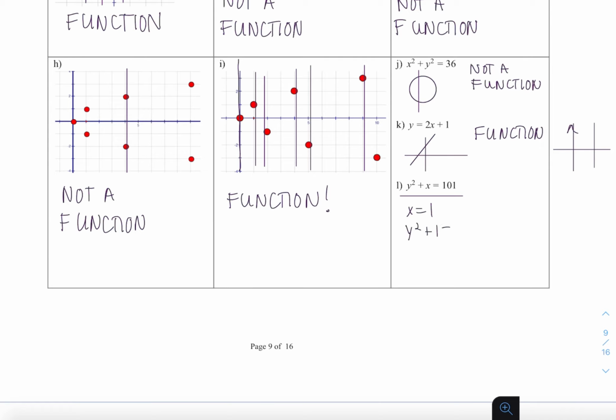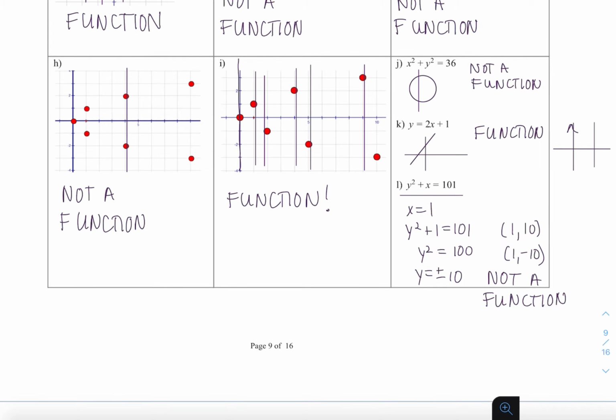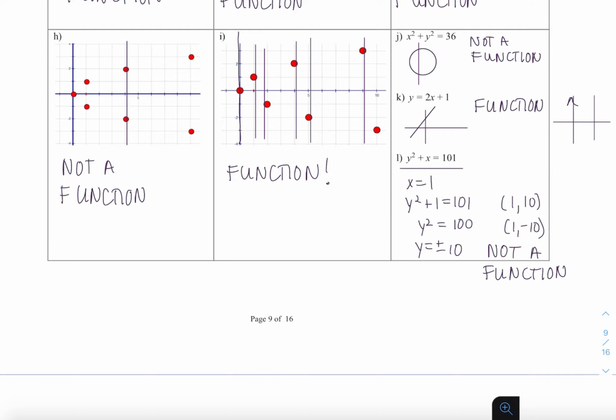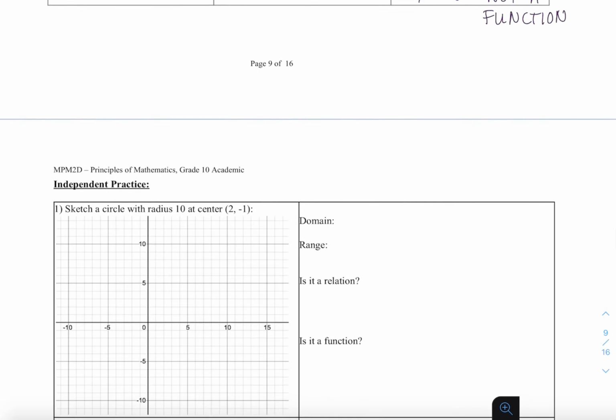If I put in 1 for x, and I bring that 1 over to the other side, I can see that there are actually 2 answers for this, right? So that means that when x is 1, it's associated with 10, and it's also associated with -10. So this is not a function, and I won't be giving you many like this. I think it's just a nice way to hammer home the point that for every x value, you need to have just one y value. And if you can find more than one, it's like failing the vertical line test.